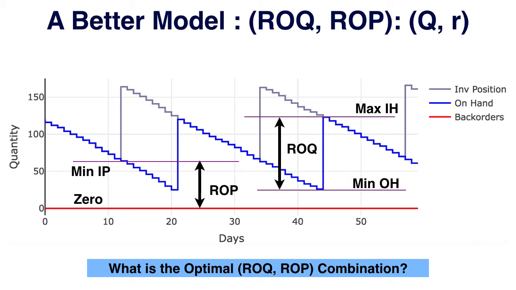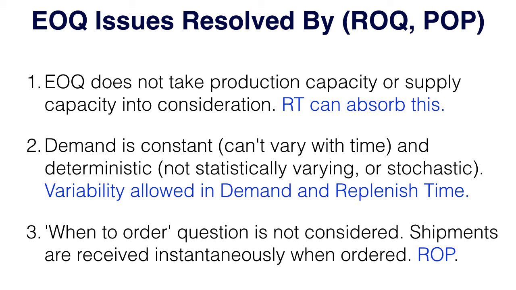You can see that as the distance between minimum and the maximum of the on-hand position. So what is the optimum configuration of these two values? By the way, this model is also known as a QR model, where Q represents ROQ and small r represents the reorder point, ROP.